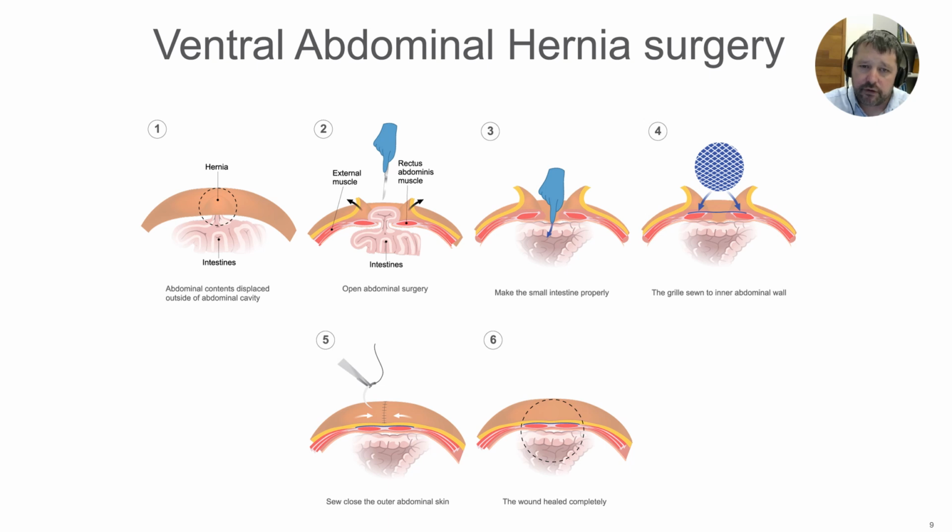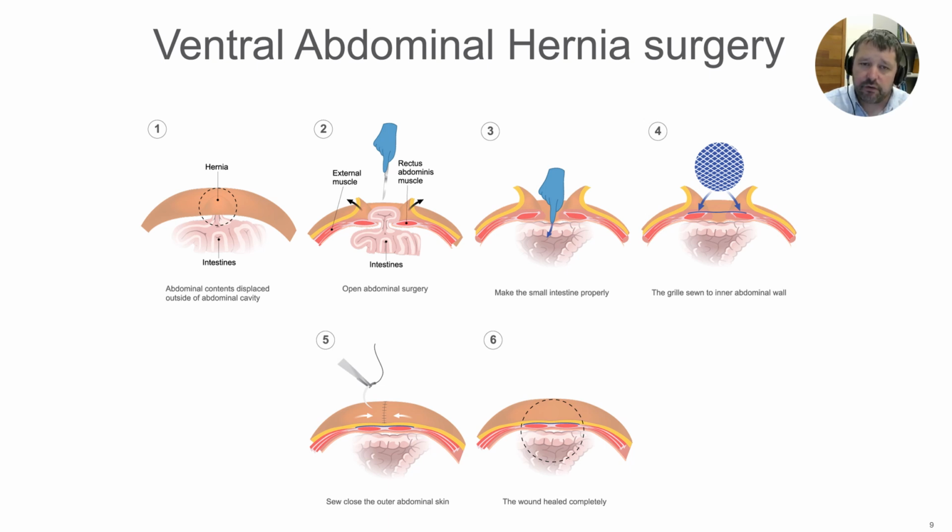Okay, so if we opened it up, which a doctor would do to fix this, if you open up the outer epidermis, you're going to see that the muscle has been separated. The rectus abdominal muscle has been separated, and in this case, the intestine is pushing through.